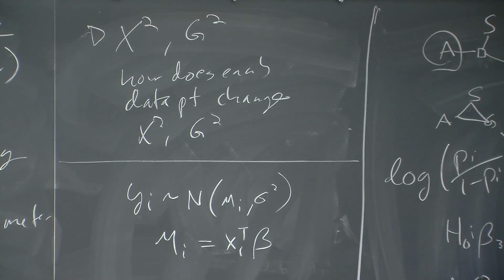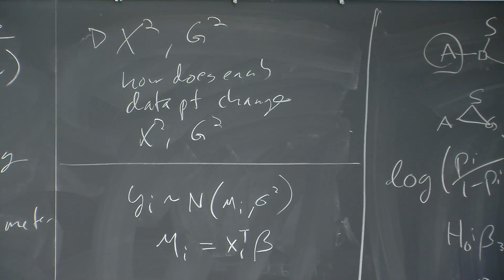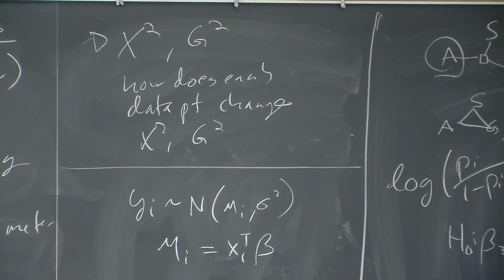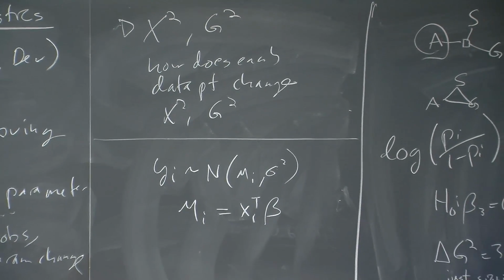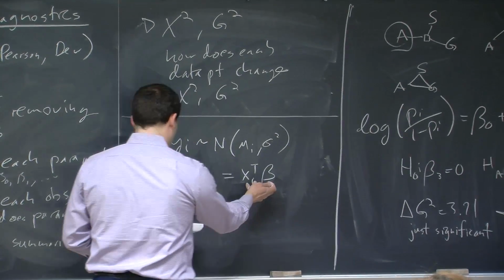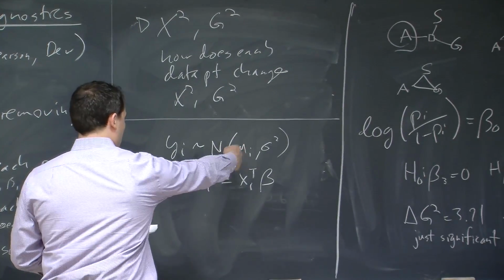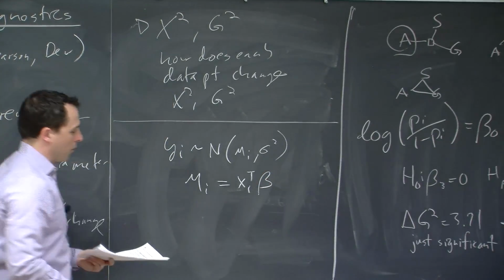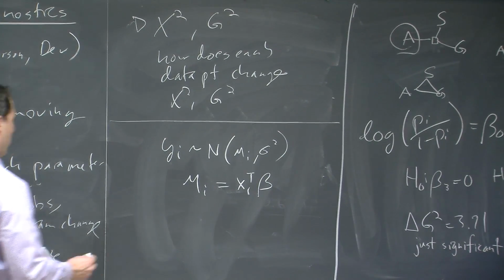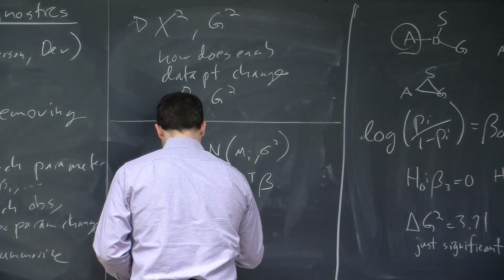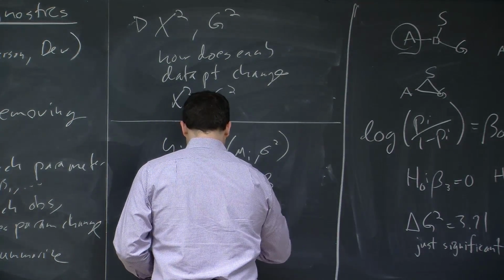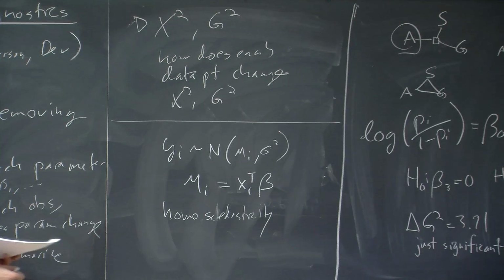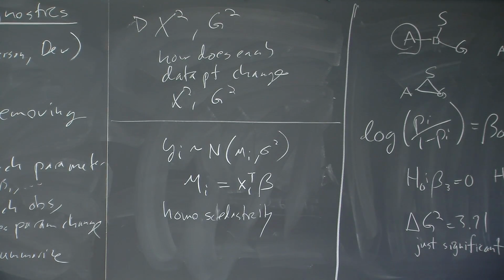From our point of view, compared to binomial and Poisson, it has this extra parameter sigma to account for changes in variance. So it has a mean structure, which is the linear component, the systematic component, and then it has this spread. And we assume there's only one sigma, so that there's homoscedasticity. That's an important part of the assumptions under regression.